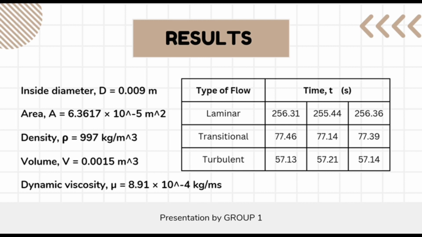From the constant volume, which is 0.0015 meter cubic, we obtained 3 times for each flow and got the average from it. So this is the table of type of flow, which are laminar, transitional and turbulent flow, with the time recorded.